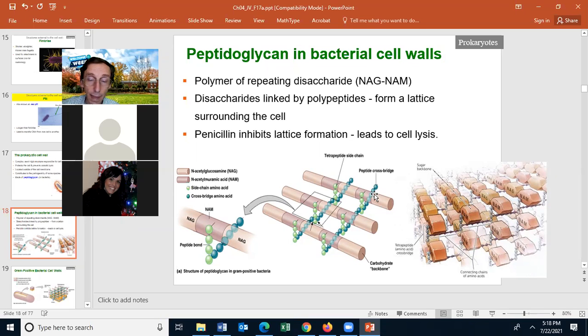The NAG and the NAM are linked with short peptides, and there will be a cross link, which is best shown here, and this is holding that chain to that chain. If you notice, this peptide connects to this peptide, which is holding this chain and that chain, and then it's hooked to this chain, which is holding that chain and that, and it's hooked to this peptide, which is holding that chain to that chain.